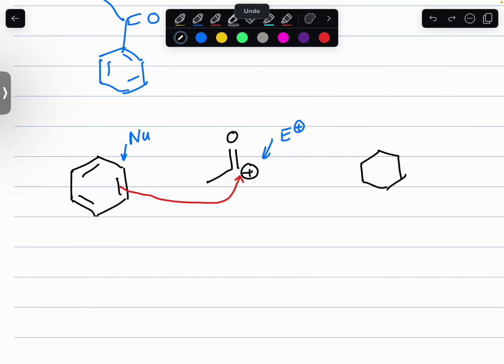So because we gave those electrons up to make this bond, we've now created this carbocation.